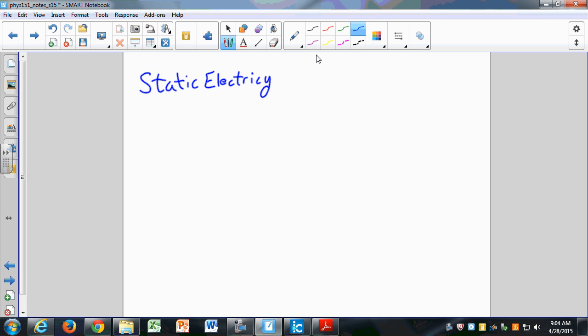Static electricity is just the buildup of charges that don't move. This is in contrast to electricity that might flow through a wire. That would be current, which was already defined. So this is just static.